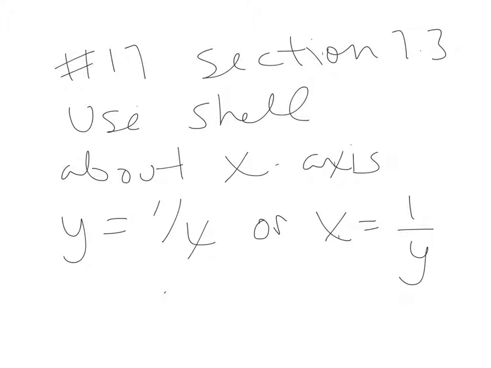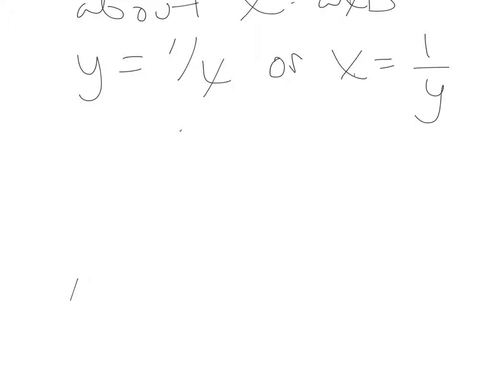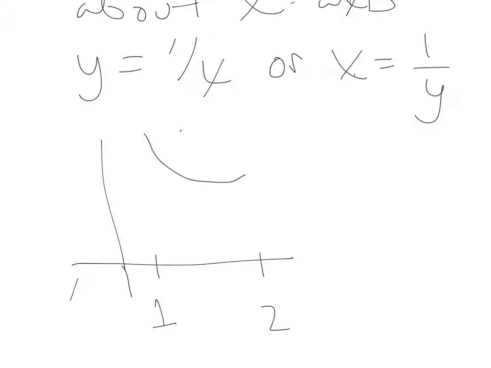Okay, so I'm going to move up, and the graph looks like this. We have 1 over x, looks a little bit like that, and we're just drawing that part because we're going from 1 to 2.